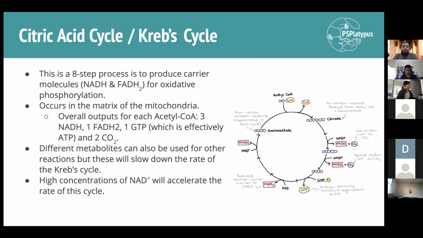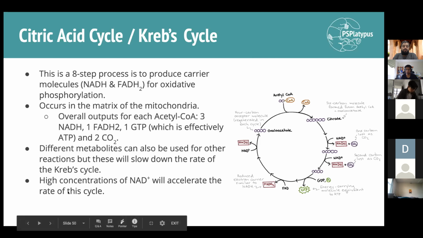It occurs in the matrix of the mitochondria. Our overall outputs for each acetyl-CoA will be 3 NADH, 1 FADH2, and 1 GTP, which is effectively an ATP, and 2 carbon dioxide molecules.